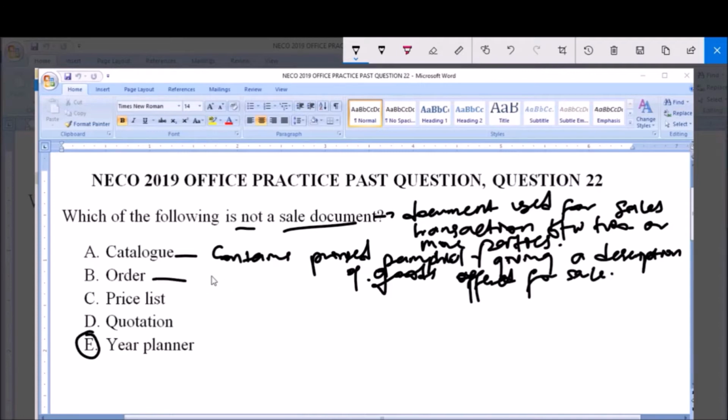Now B says order. Order is a statement sent by the buyer to the seller stating the full description and quantity of goods required.